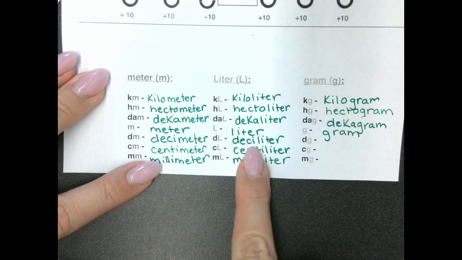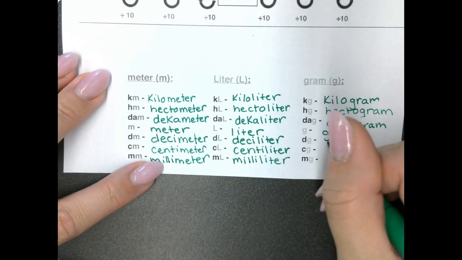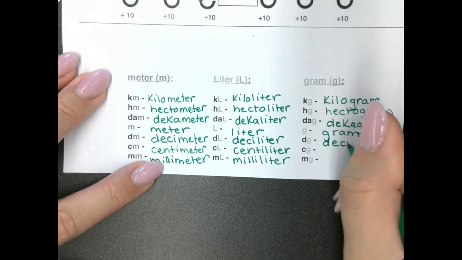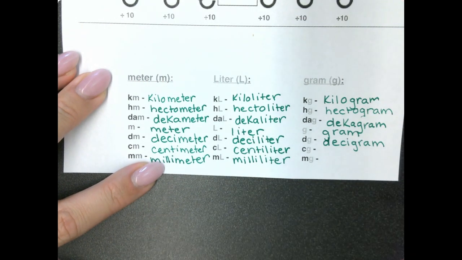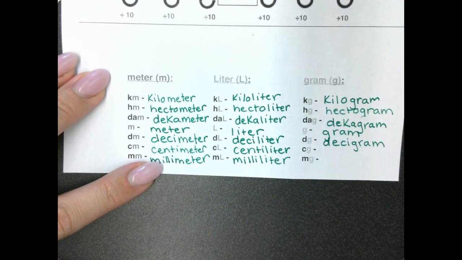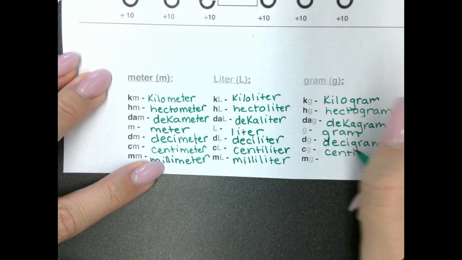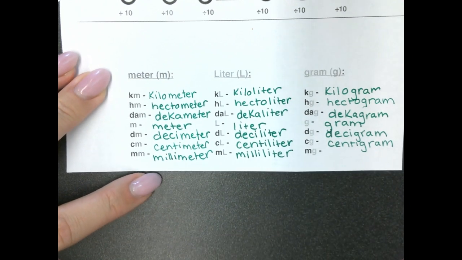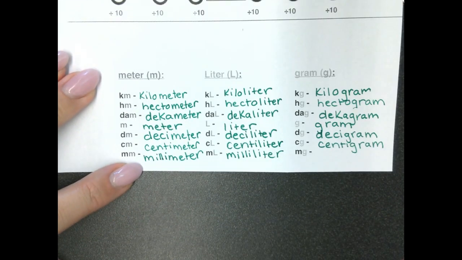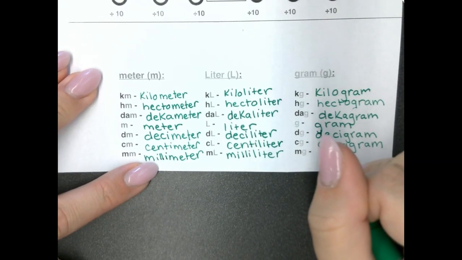Decimeter, deciliter, then we have decigram. Centimeter, centiliter, centigram. Millimeter, milliliter, milligram.